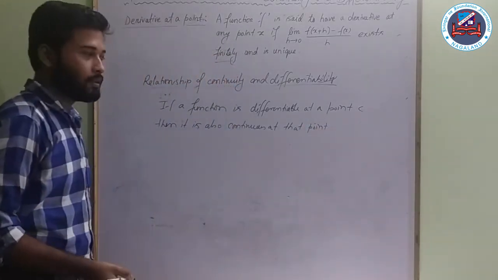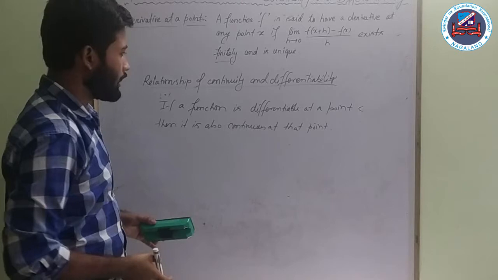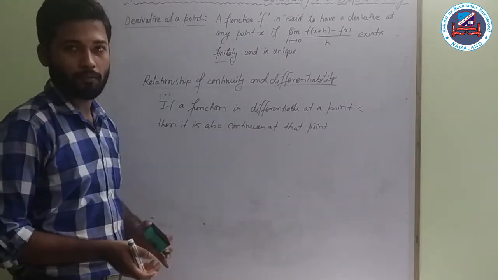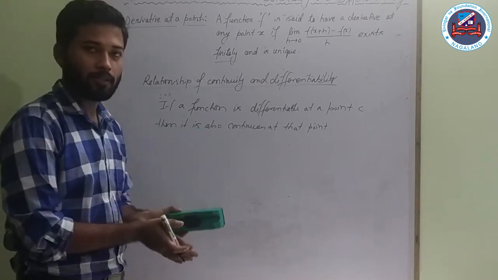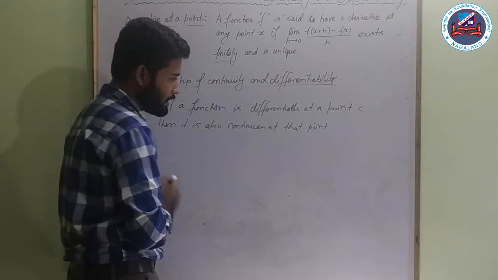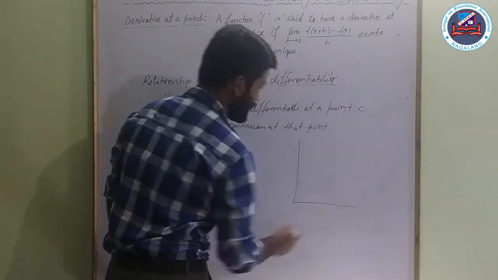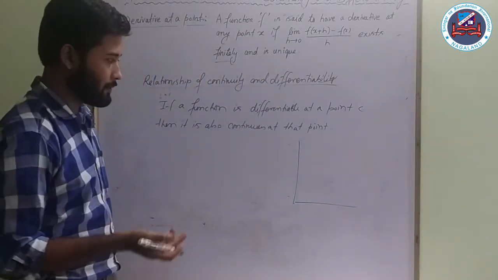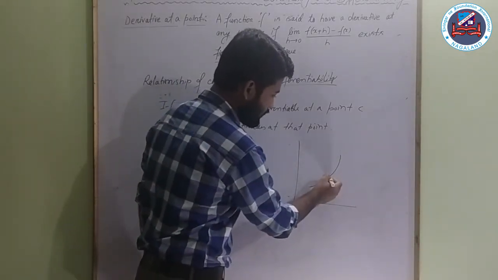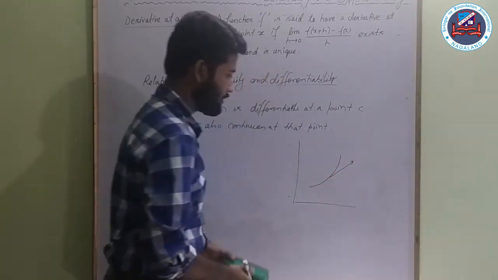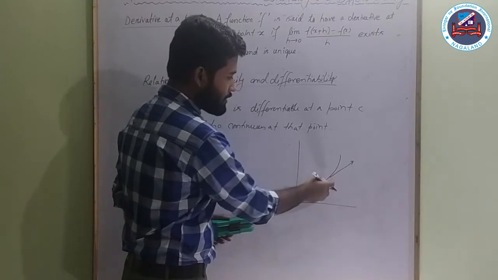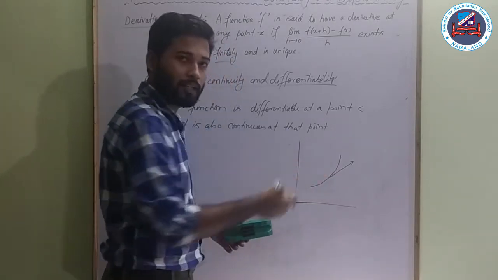Okay, so from here I can understand that differentiability implies continuity. That means if a function is differentiable, it must be continuous. Graphically, what do we mean by the derivative? If I draw a curve, then at a point the derivative gives a tangent at that particular point, isn't it? So to draw a tangent at that point, the curve must be continuous.